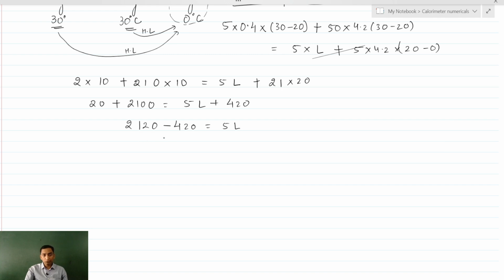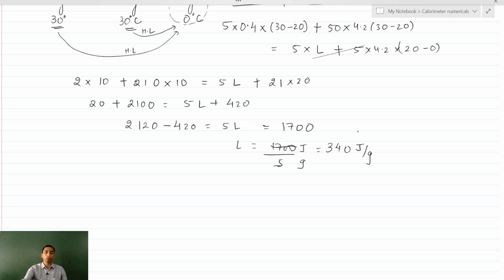Now 2120 minus 420 is 1700. So L is equal to 1700 joules, and now this 5 is basically in gram, so divided by 5. So 5 ones are 5, 5 threes are 15, and this is roughly 340 joules per gram.